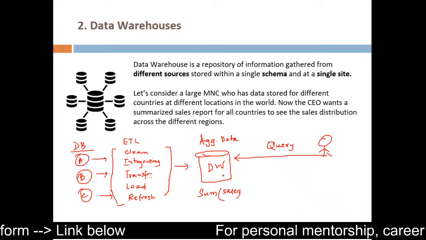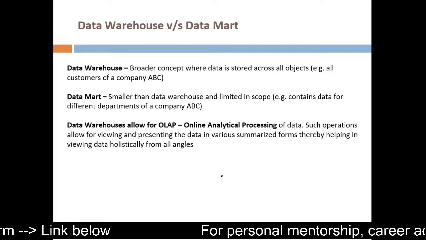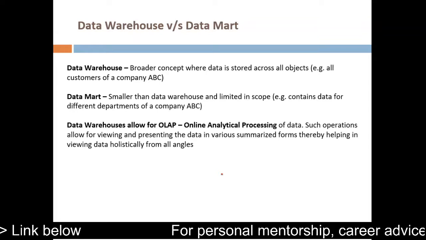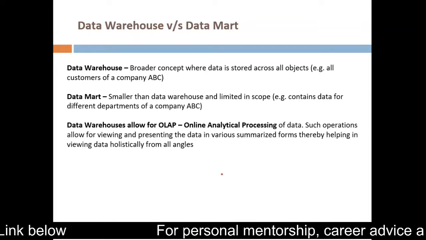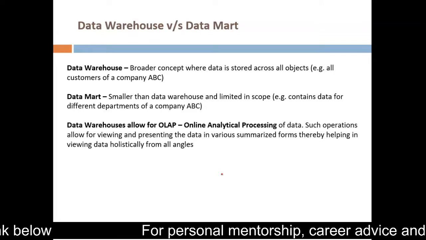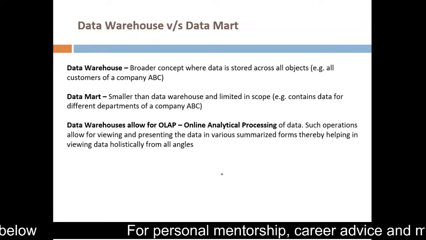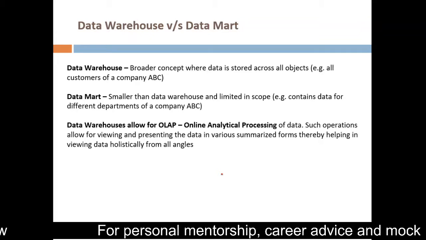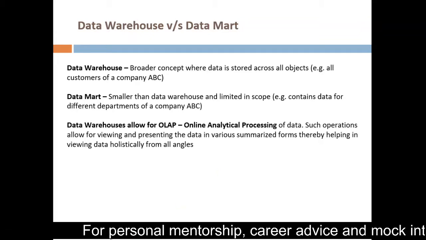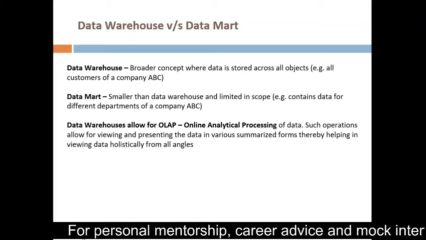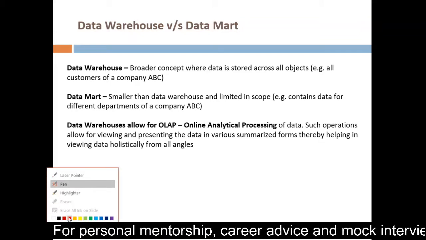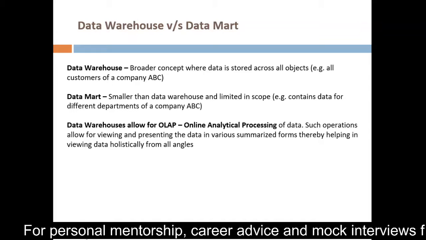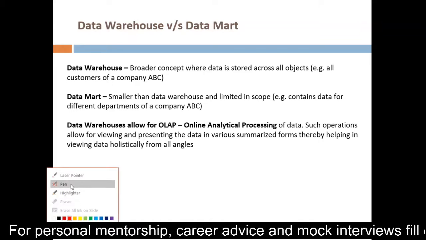Okay, now let us look at data warehouse and data mart. Although the two terms are very similar and often confused, there's a slight difference between a data warehouse and a data mart. A data warehouse is a broader concept where the data is stored across all the objects. For example, if you are dealing with data which involves all the customers of a particular brand or company, then you are essentially looking at a data warehouse.